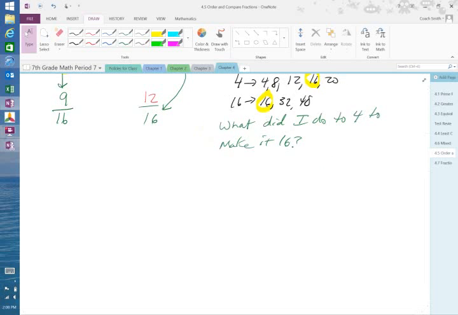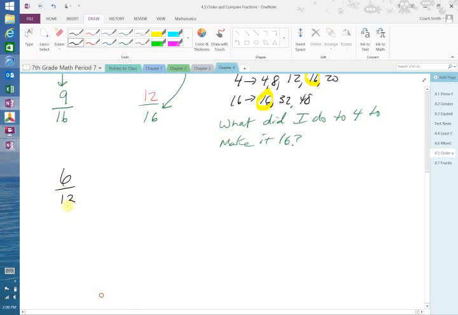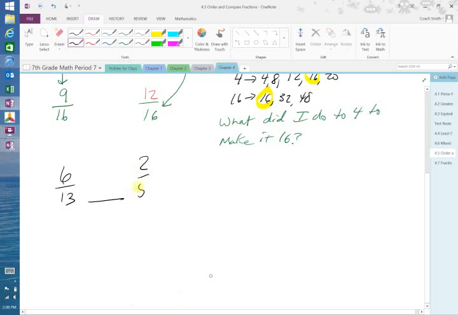6/13 and 2/5. Now, both of those denominators are prime. 13 is prime and 5 is prime.